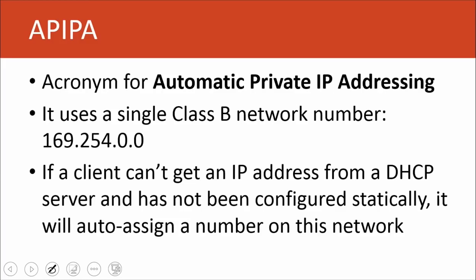So it'll have an address within the 169 range. This is useful because if there's something wrong and you can't automatically obtain an IP address, then you're going to self-assign an IP address, and that'll allow you to communicate with all the other devices that are on your local network.